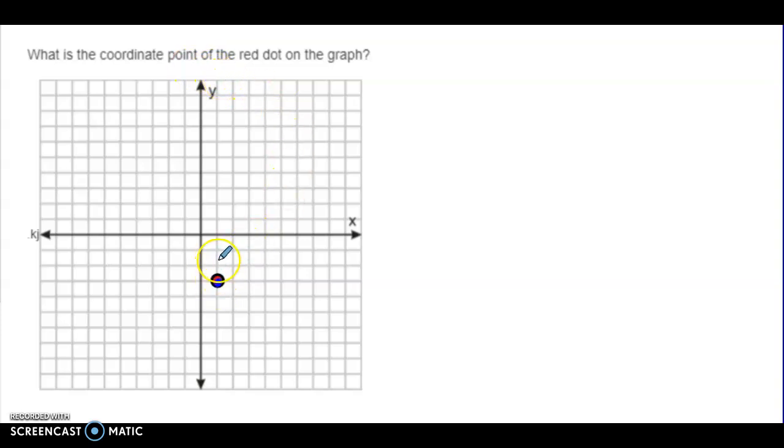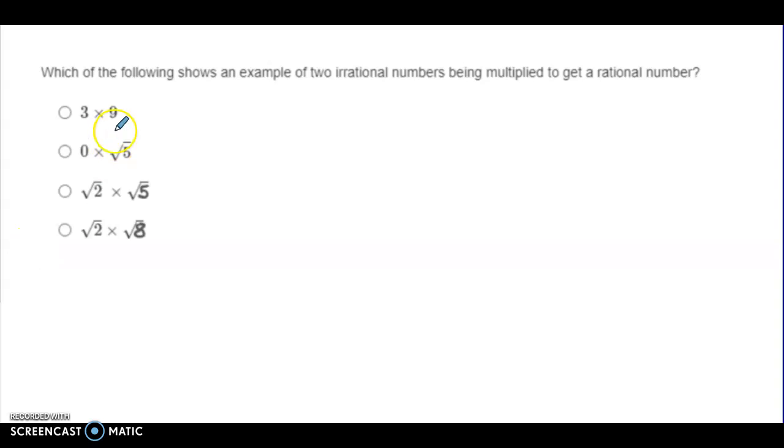So right here, this is a positive 1 for an x value, and whenever we write ordered pairs or coordinate points, they're always x, comma, y. So my x value is at 1, and my y value, which is this one, is at -1, -2, -3. So my x is 1, my y is -3.